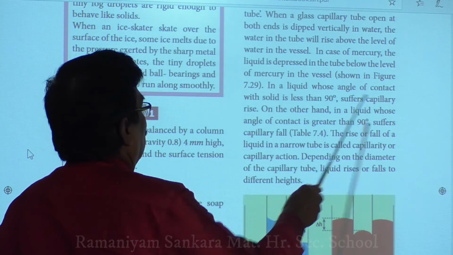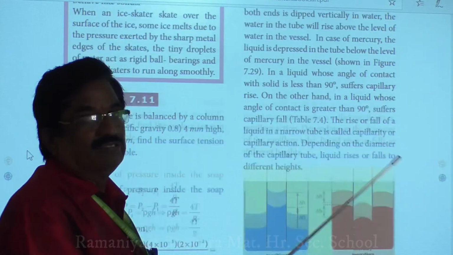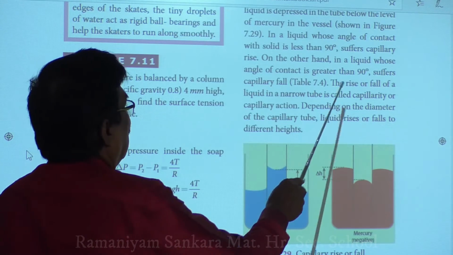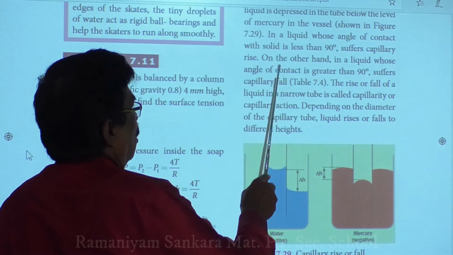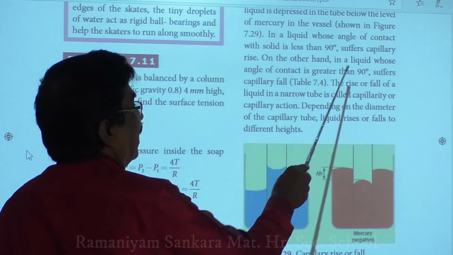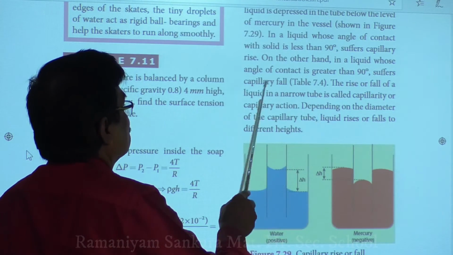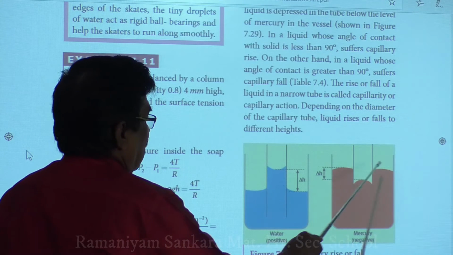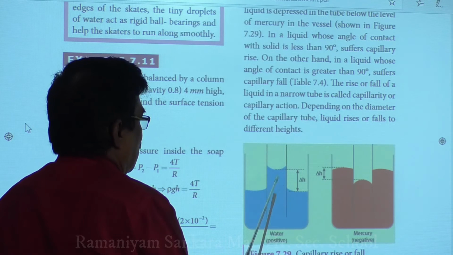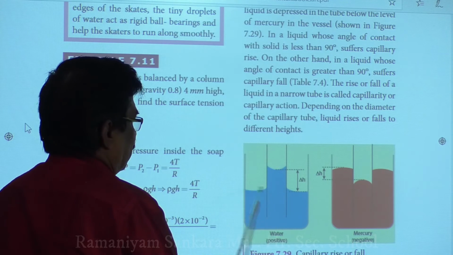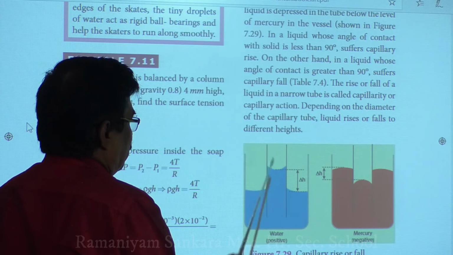If a liquid whose angle of contact is less than 90, like water, it suffers capillary rise. On the other hand, a liquid whose angle of contact is greater than 90, like mercury, suffers a capillary fall. Here, this is the full mercury. When you dip it, it won't rise above this. But with water, if you dip it, it goes up.